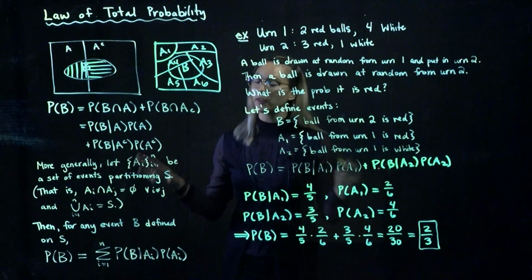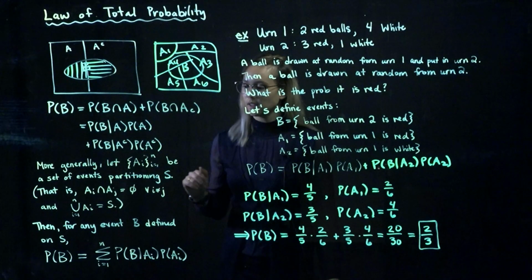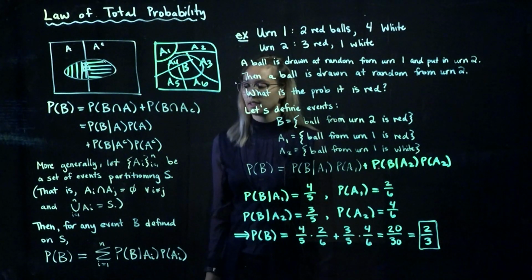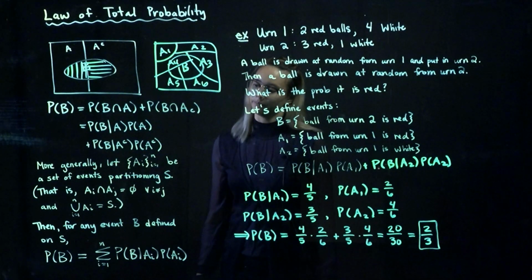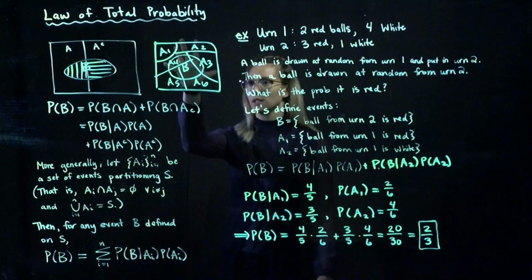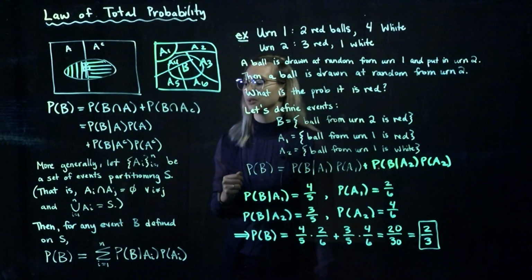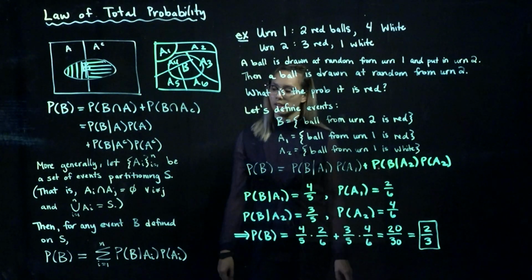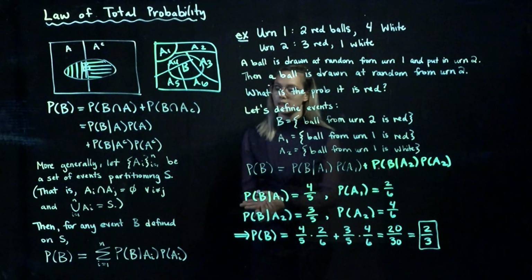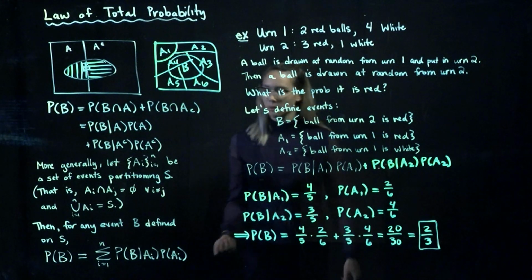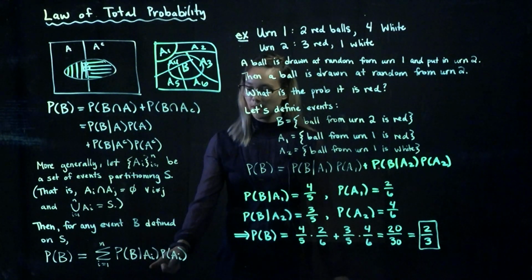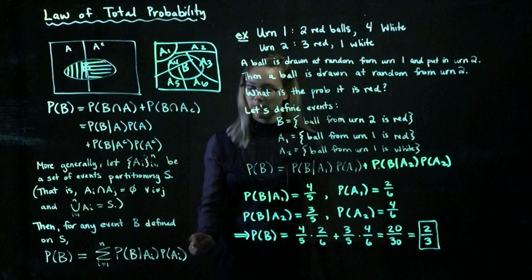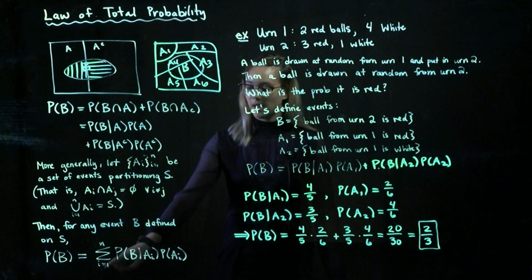And if we look at the union of all of these events, it equals the sample space. So just like we drew here, this is one example of a partition of our sample space. Then for any event B defined on our sample space, we can calculate the probability of B by summing up the probability of B given Ai times the probability of Ai from i equals 1 to n.